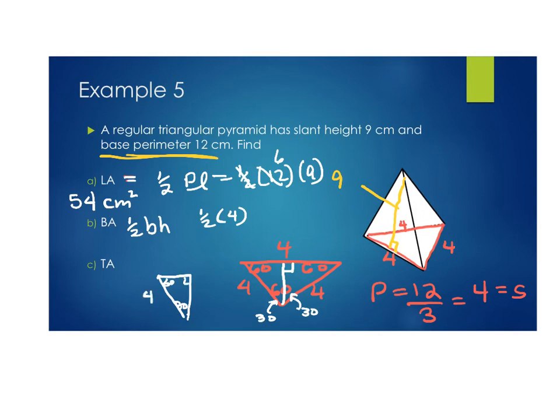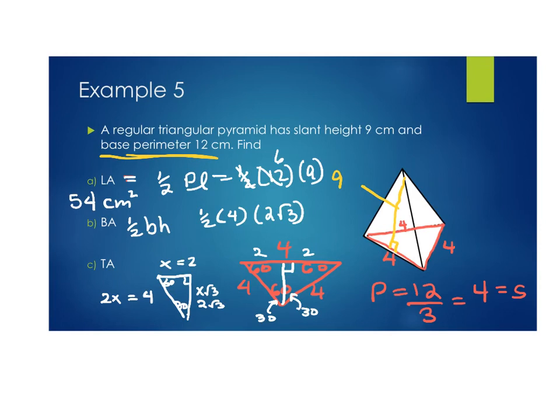I know the hypotenuse is 4, and remember in your 30, 60, 90, the hypotenuse is like 2x, across from 30 is x, and across from the 60 is x root 3. So if I've split my 4 into 2 and 2, that's 2, so this would be 2 root 3. So the height of my triangle is 2 root 3.